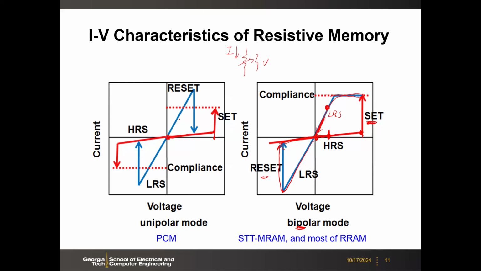After that, it's already in this state. But if you want to turn off, you can apply the same voltage, the same polarity, okay? But then after a certain voltage, it will go back, okay? So this is the IV for the resistance memory, okay? Resistive memory in general.